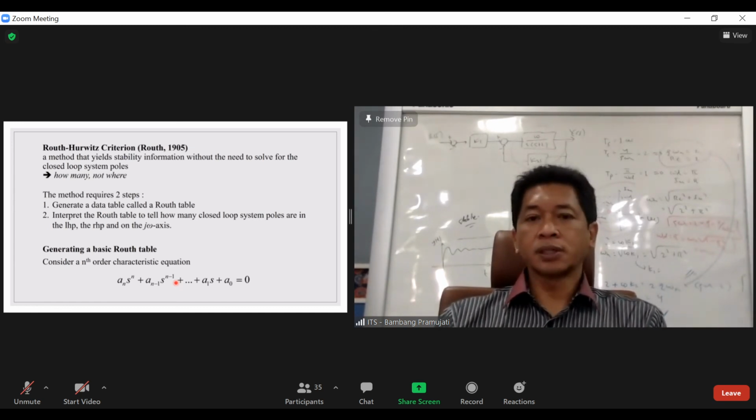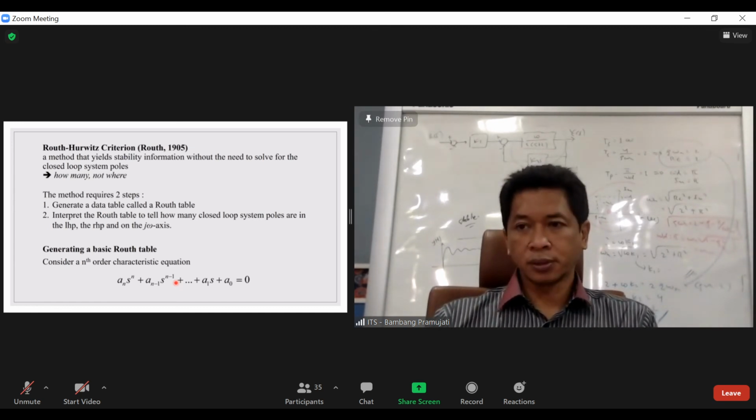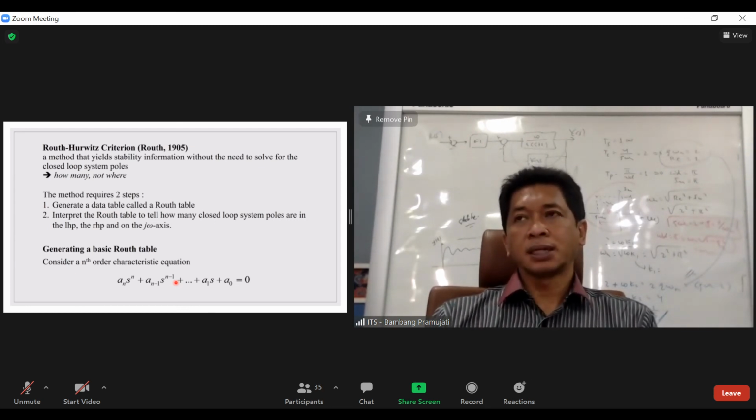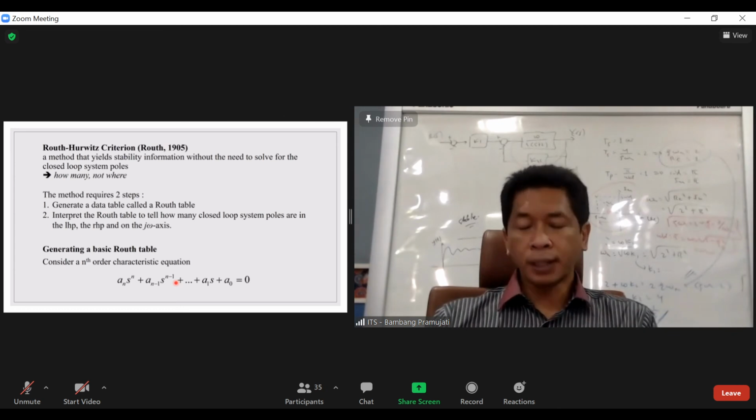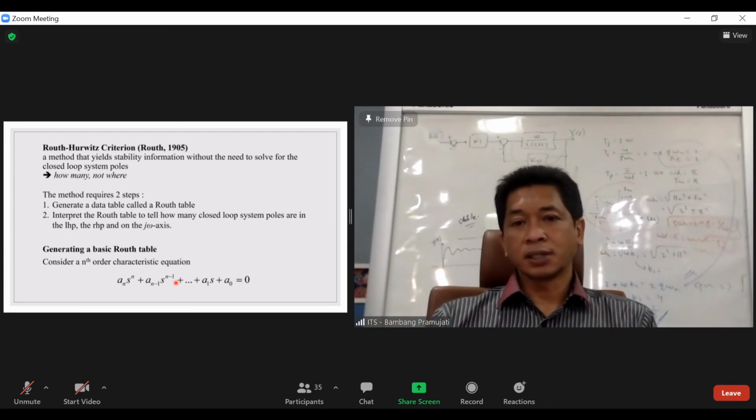We don't know exactly the location of the poles, but we know how many poles are located on the right half plane. Karena itu cukup ya. If we have one pole located on the right half plane of the system, then that's it. We can easily say the system is unstable. Jadi nggak perlu mencari the exact location.